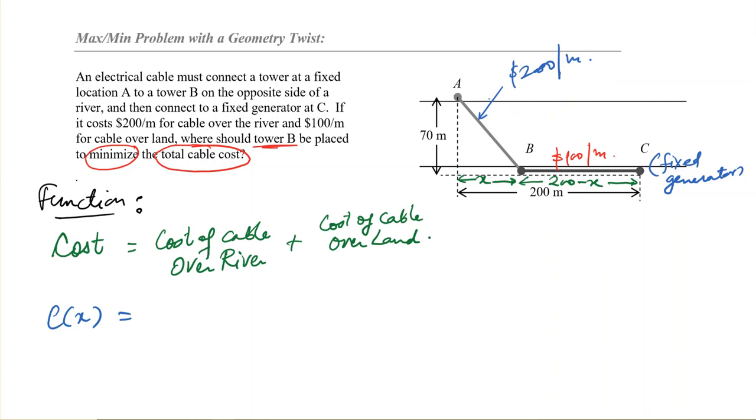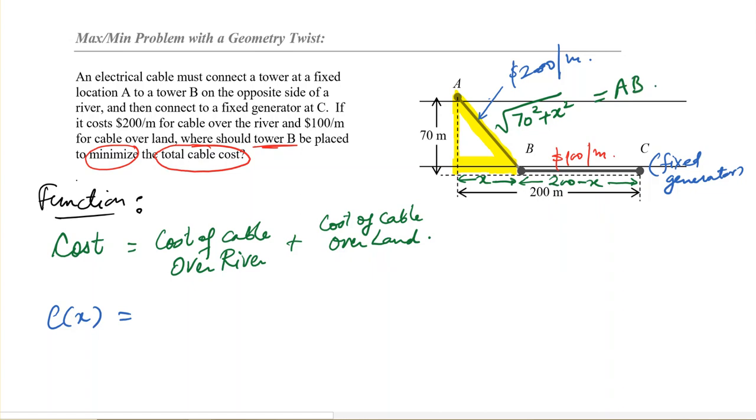In order to find the total cost of cable AB, we need to first find the length of AB. In this triangle, this side is 70 and this side is x, so we can find AB using the Pythagorean theorem, and this length would be the square root of 70 squared plus x squared.